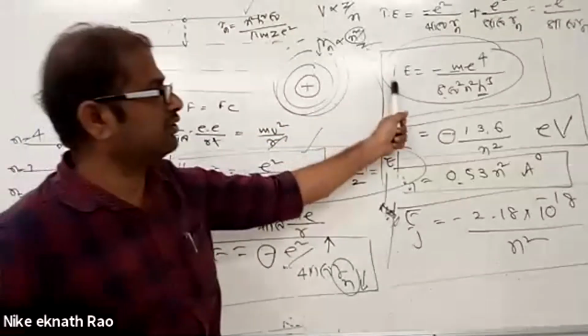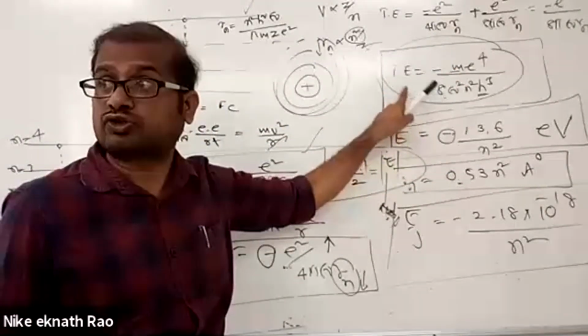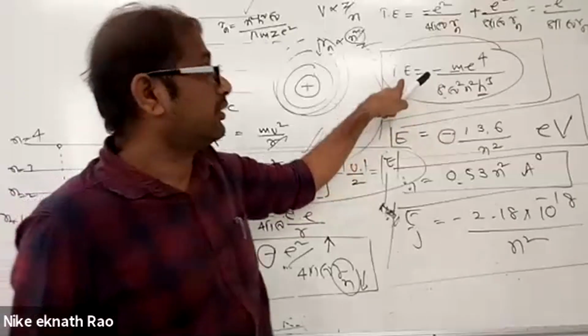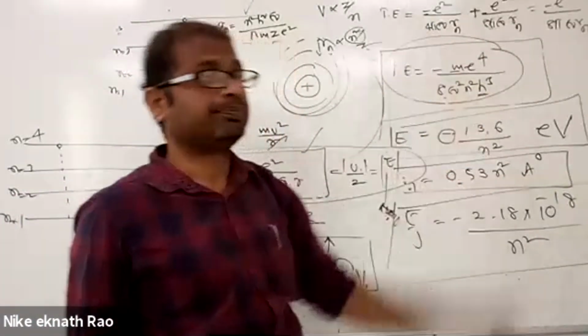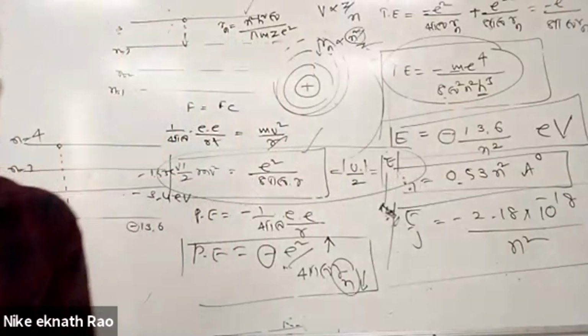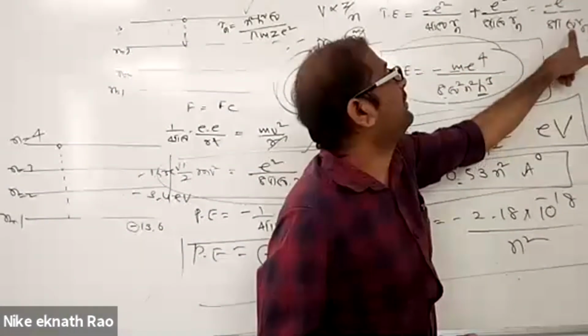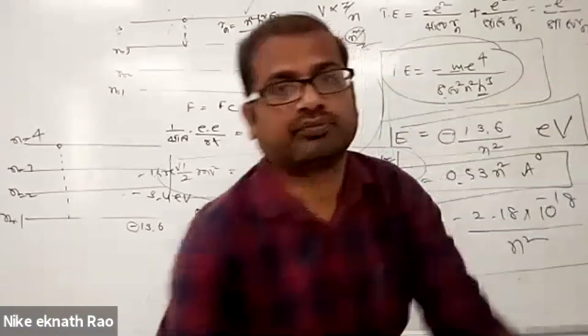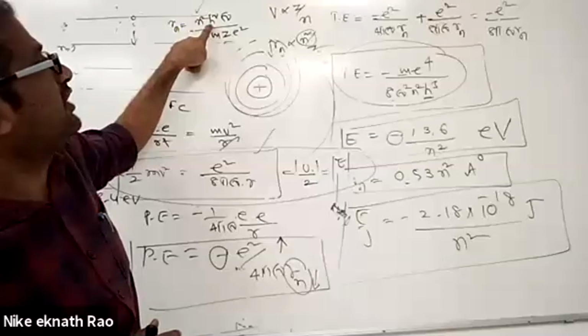Once you get the energy value, this is also important: the total energy expression. So many times the exam asks it. When you substitute the value of r in the expression minus e square by 8 pi epsilon naught Rn, with Rn equal to n square h square epsilon naught by pi m z square, the n square h square goes up, and since m is in the denominator, it also goes up. So we get minus m z to the power of 4 e to the power of 4 by 8 epsilon naught square n square h square.